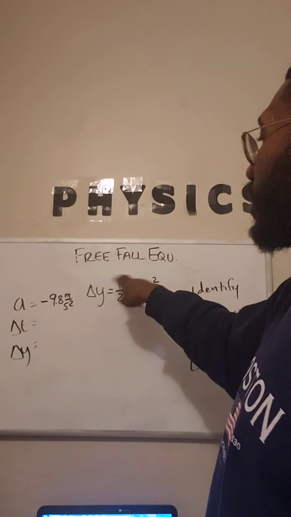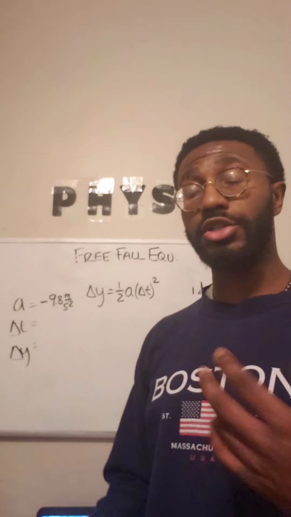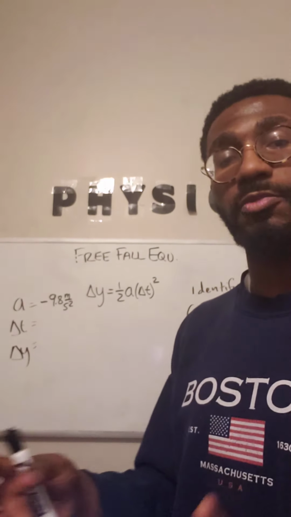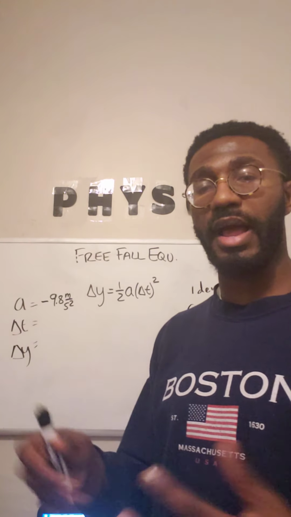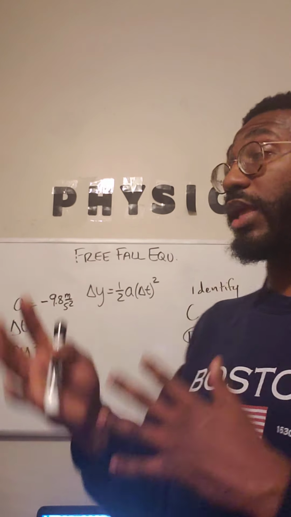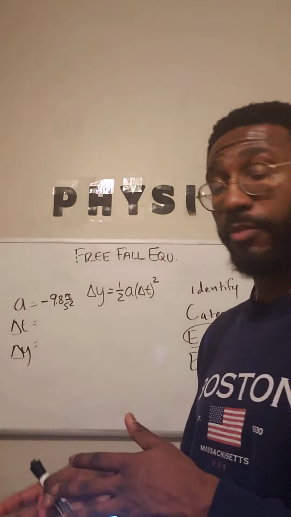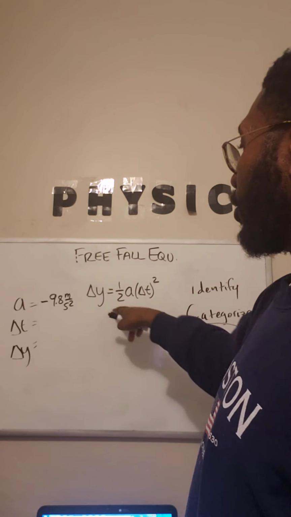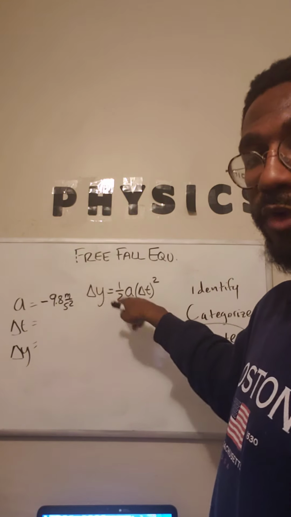In short, the way we get here is if we assume that the initial velocity, the starting speed and direction of our object, is zero, then we can cancel a term out from the longer kinematic equation, and it'll allow us to get this shorter version here.